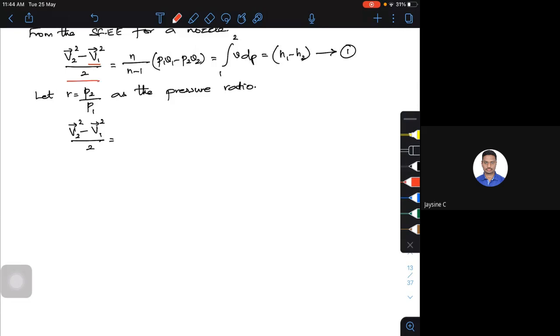Whenever I require it, I will consider the integral of VdP or H1 minus H2. So V2 square minus V1 square is equal to n by (n minus 1) into, if I take P1 V1 outside, (1 minus P2 V2 divided by P1 V1). Let me call this equation 2.